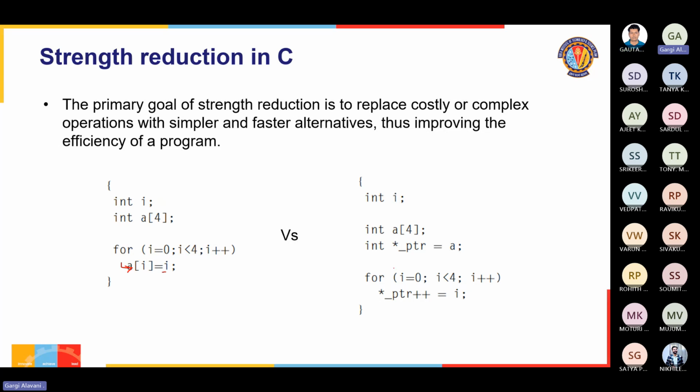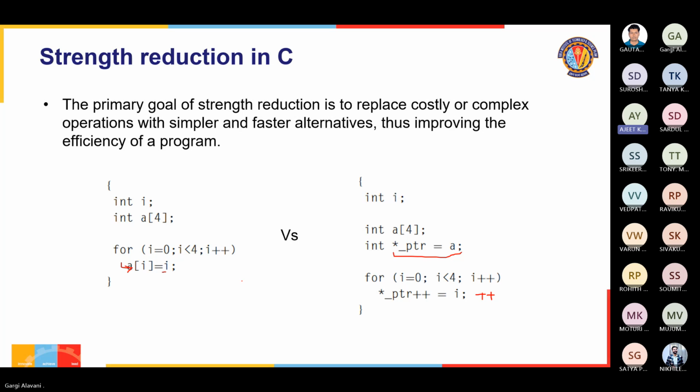Instead, if we create a pointer, the operation is just pointer plus plus, only addition. So this is much better in terms of performance. Is it clear how this is better?